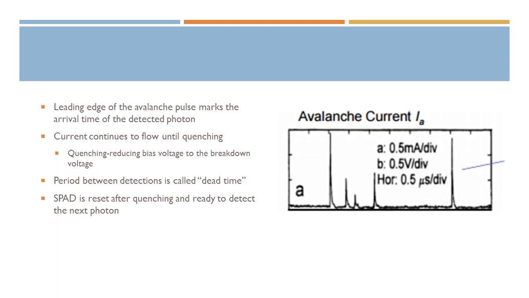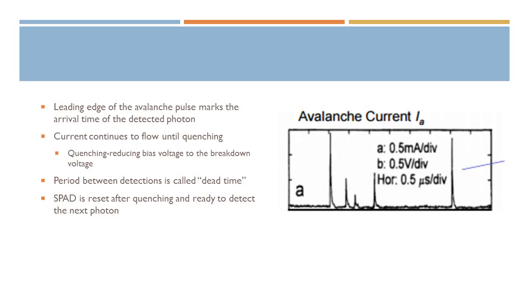When the photon is detected, the leading edge of the avalanche pulse current signal marks the arrival time of the photon. We can see the detection times of many photon detections in the plot on the left as the edges leading to the peaks. The current continues to flow until the diode is quenched. Quenching is when the bias voltage applied is reduced back to the breakdown voltage, if not lower.